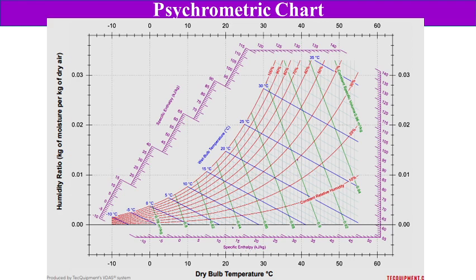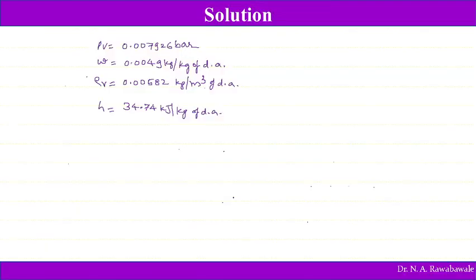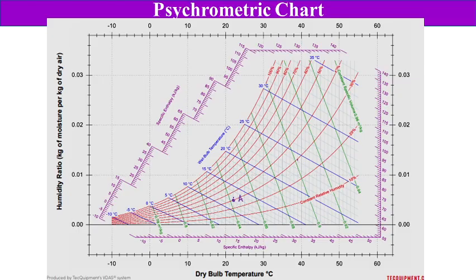From the 22 vertical line and the 30% curve, point A is marked. Corresponding to this, we have to find out the vapor pressure PV, using the vapor pressure lines.